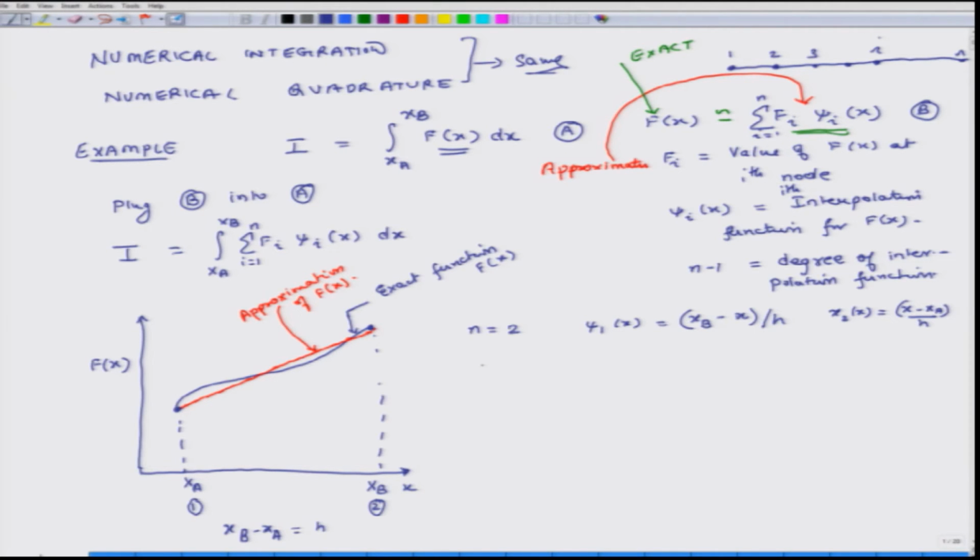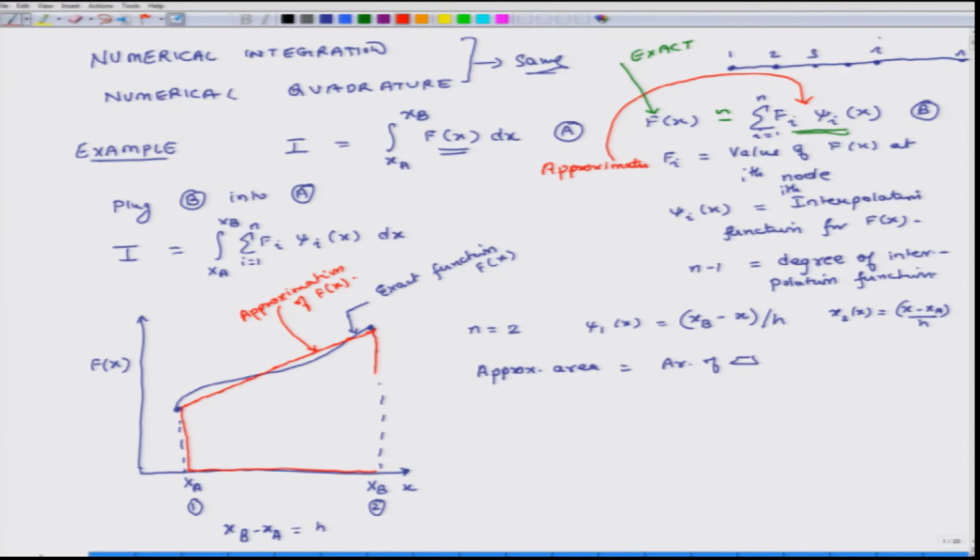Now, the approximate area is equal to the area of this trapezoid.